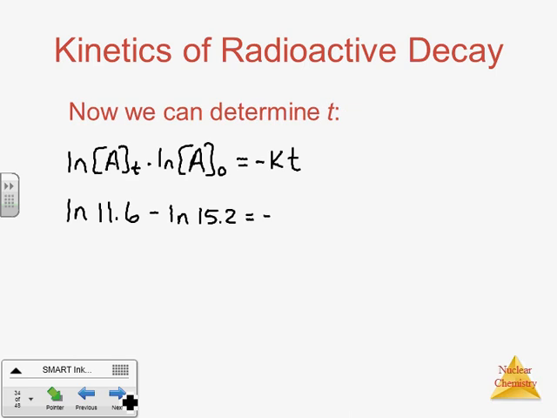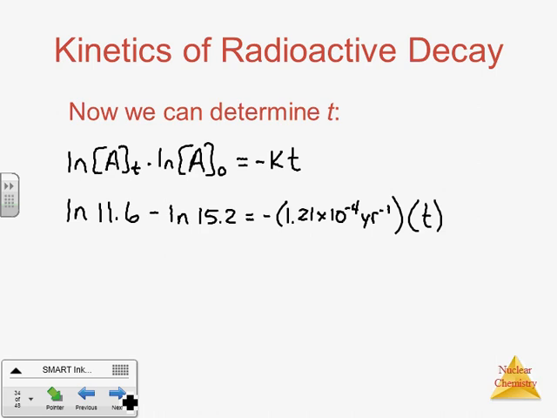And that's equal to negative K, which is 1.21 times 10 to the negative fourth years to the negative 1, times our T. So now we should be able to just calculate this and solve. When we take the natural log, and hopefully you guys know where your natural log button is on your calculator, it's just the LN button.